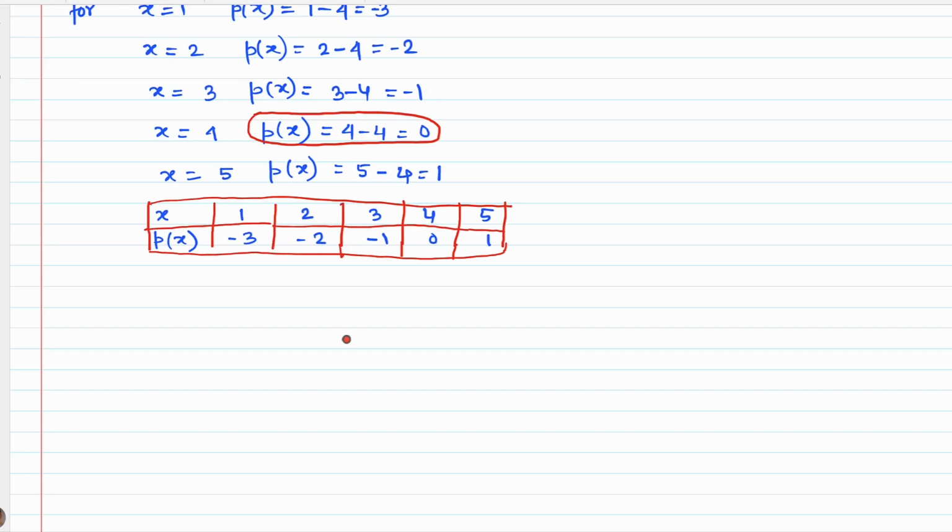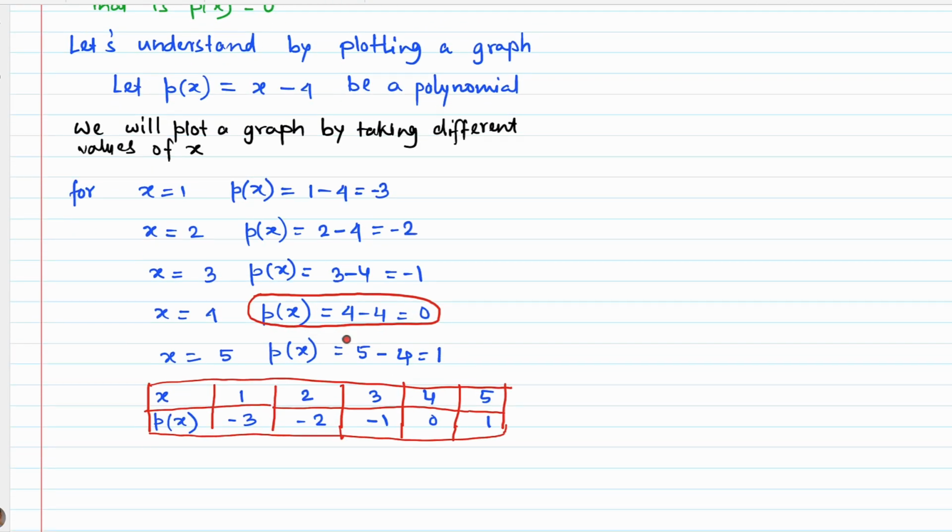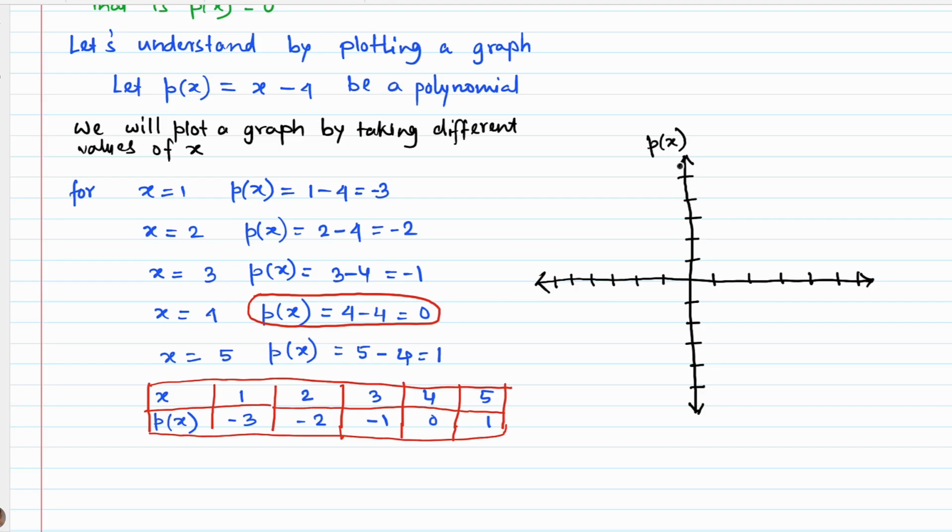Now let's plot this by taking x on the x-axis, and p(x), which is the polynomial, on the y-axis. So we are dividing the x-axis into equal divisions and the y-axis also into equal divisions in both positive and negative directions.